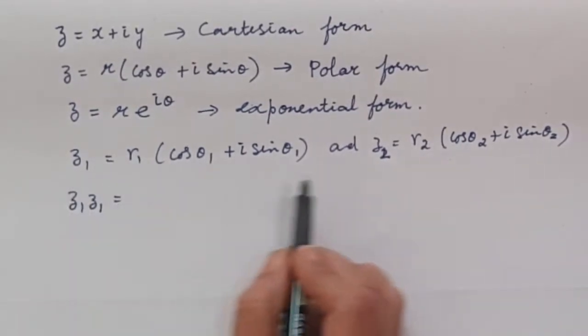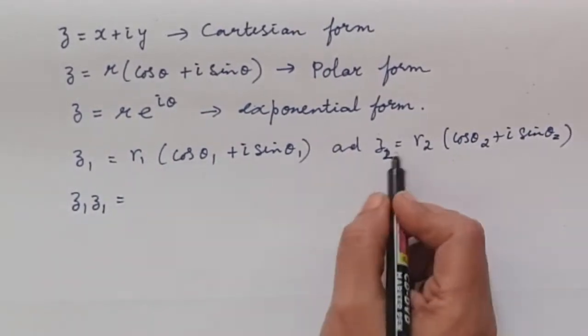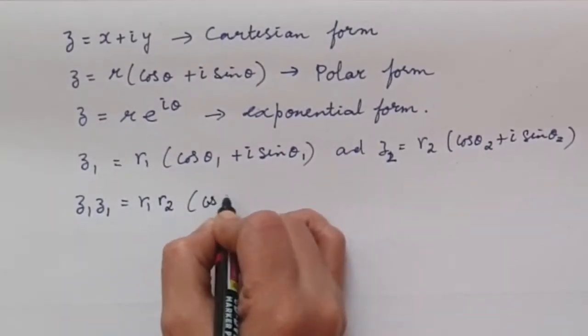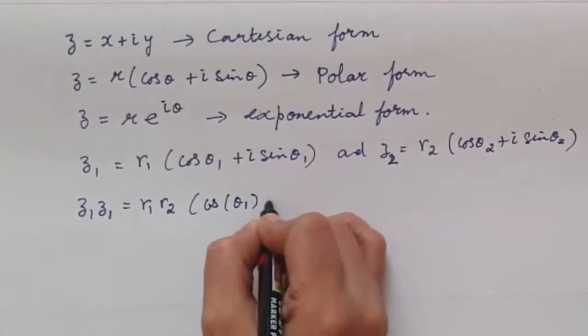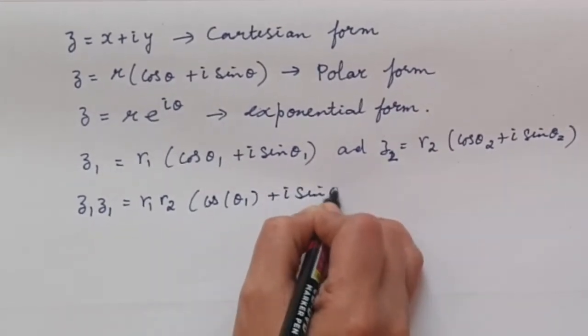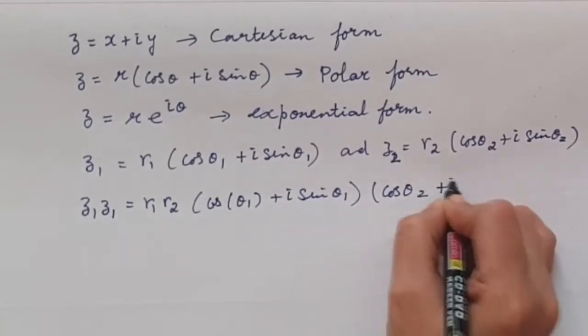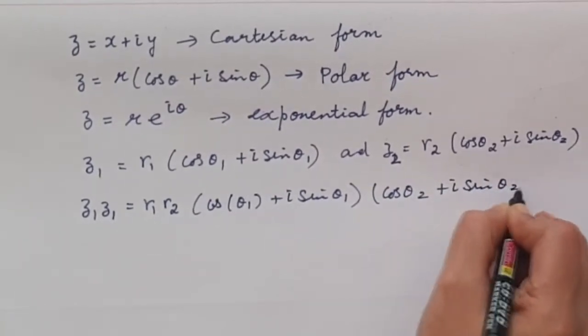Now to multiply z1 and z2, r1 and r2 can be multiplied, r1 into r2, then cos theta 1 plus i sin theta 1 multiplied by cos theta 2 plus i sin theta 2.